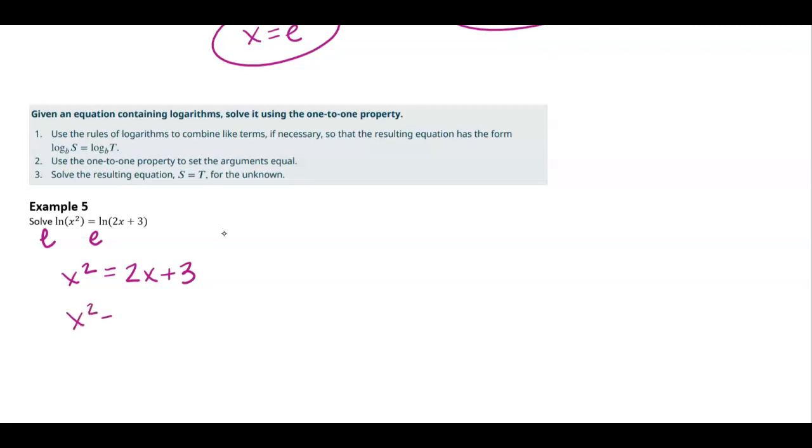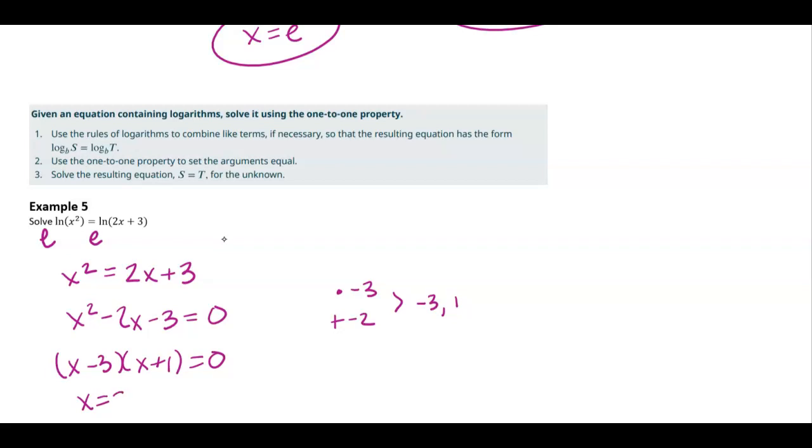Therefore, x squared minus 2x minus 3 is going to be equal to 0. And I need two numbers that multiply to -3, but add to -2. That's going to give me -3 and 1. And so I get x equals 3 and x equals -1.